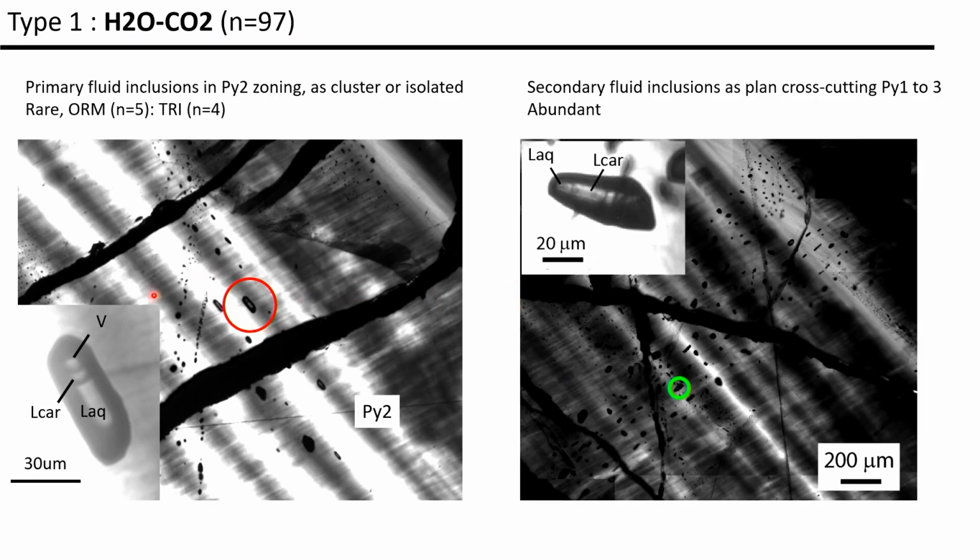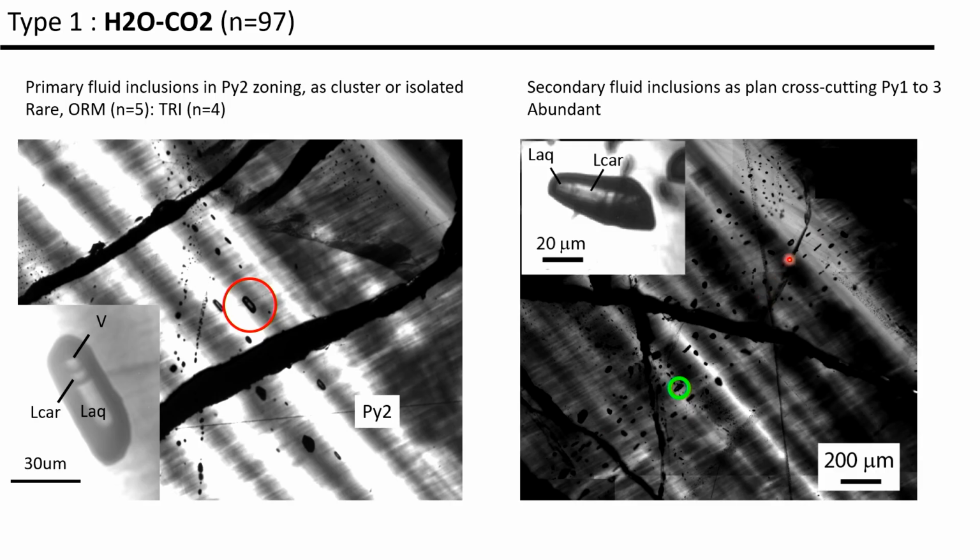As you can see, they can be primary fluid inclusions in the Pyrite 2 zoning here, for example. They also appear as clusters or isolated. And here you have an example of a fluid inclusion where you can see the vapor, the liquid carbonate, and the aqueous liquid at room temperature. But the primary fluid inclusions are a bit rare compared to the secondary fluid inclusions.